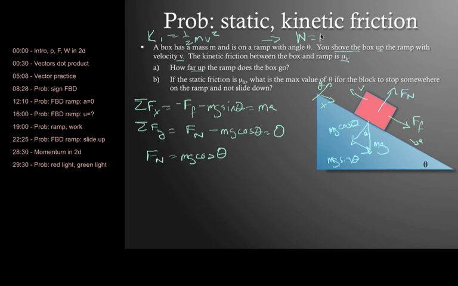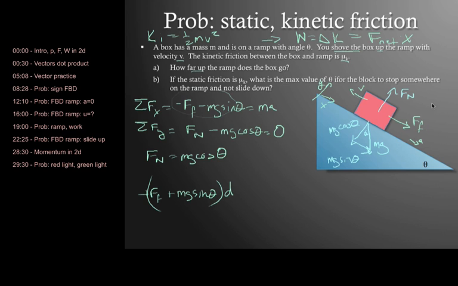The work that's being done is the change in kinetic energy, and the work is the net force times the distance. This is my net force in this x direction, so I have the force of friction plus mg sine theta, times the distance that it's going up the ramp.